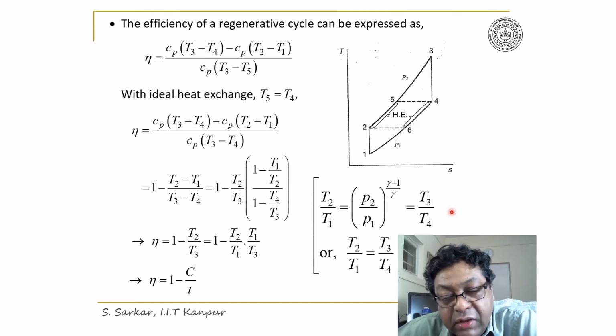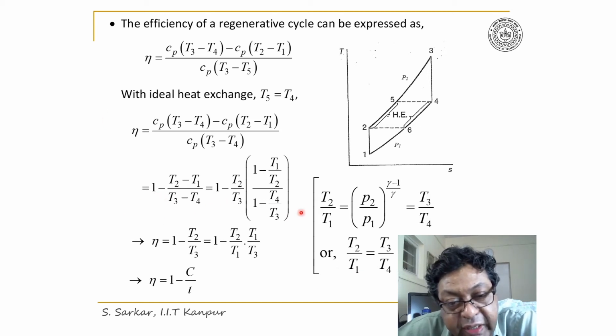P2 by P1 is considered as the pressure ratio of the cycle and expressed as R. Thus, T2 by T1 is equal to T3 by T4. Considering this, the terms within the bracket would cancel, so eta is equal to 1 minus T2 by T3.